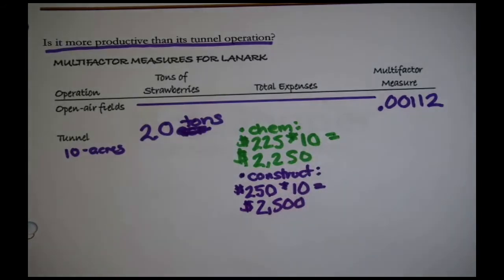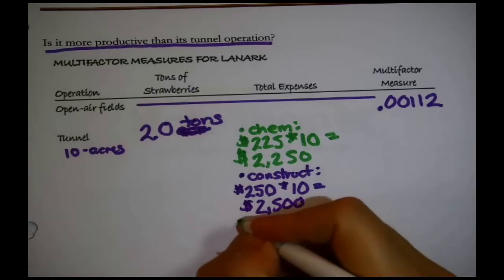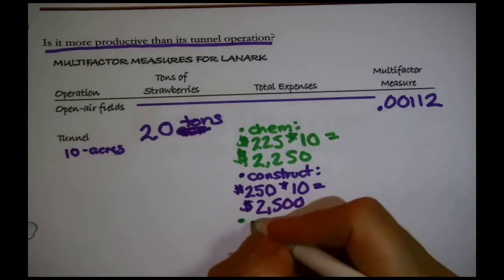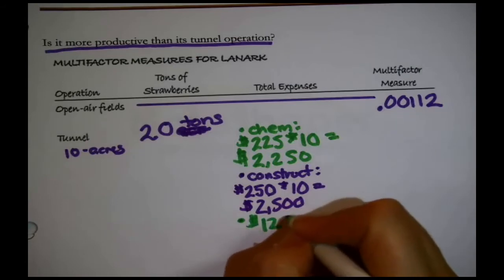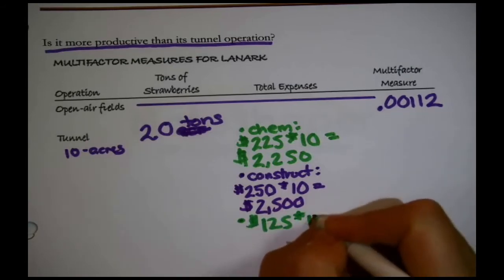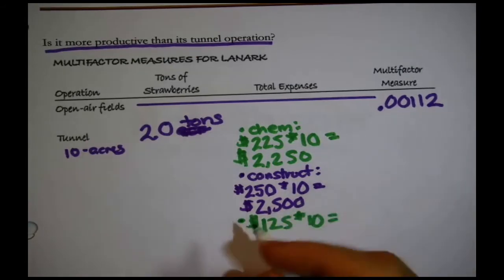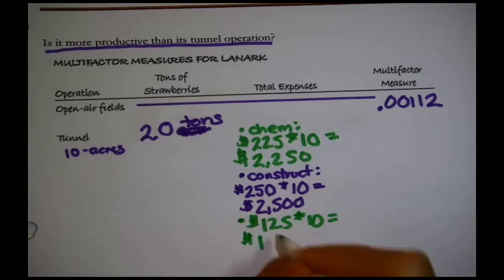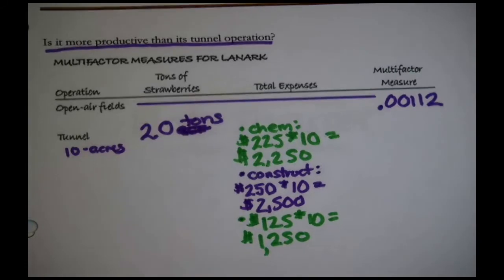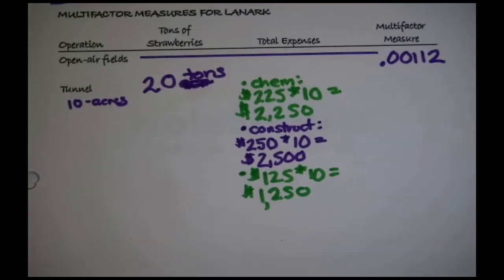Then we have planting. It's the same old planting expense as the open air fields incurred. It's $125 per acre, and here there's only 10 acres under cultivation, so we only spent $1,250. And then finally, harvest and packing.